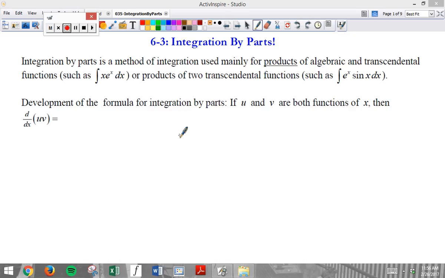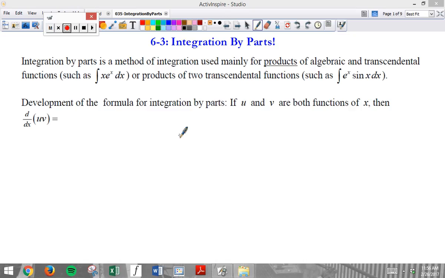Euler's method is a method for approximating a y value based on a differential equation. Integration by parts and the lessons that follow it will teach you about how to use integration in a way that does not come up in AB.